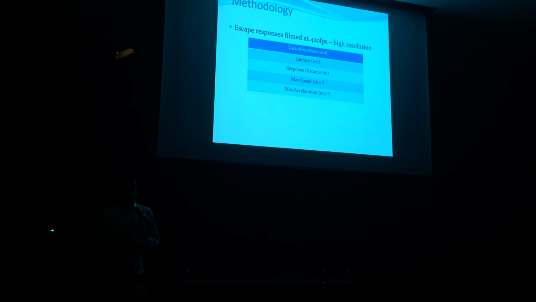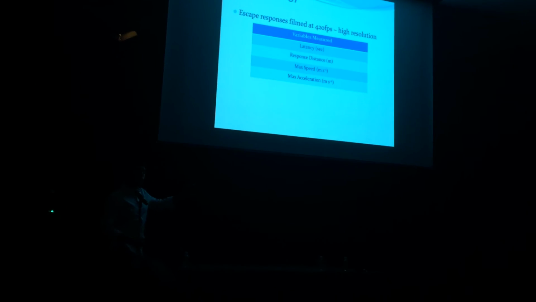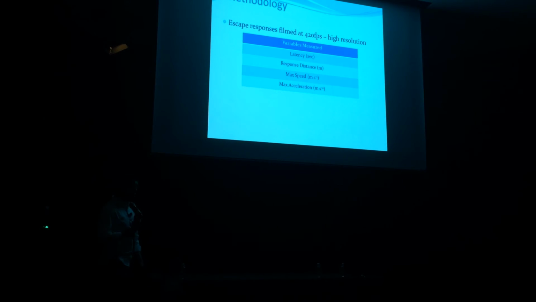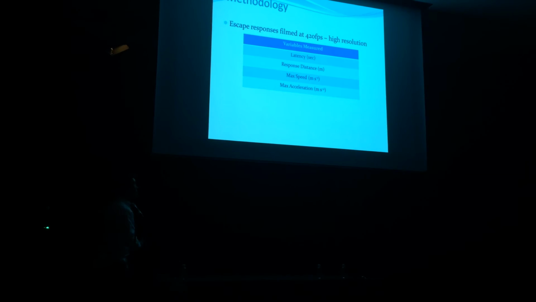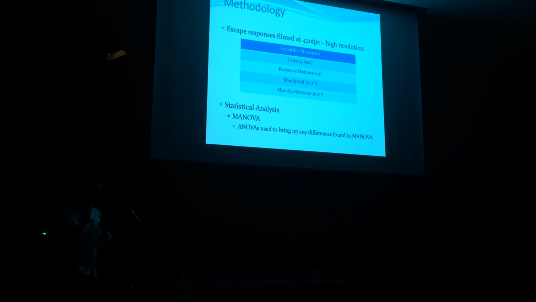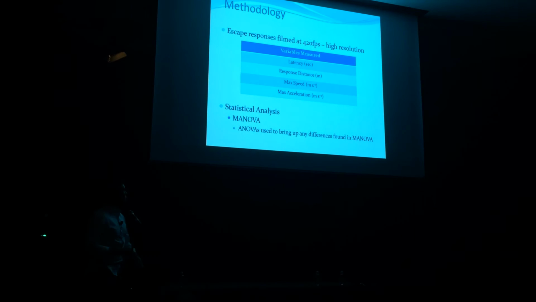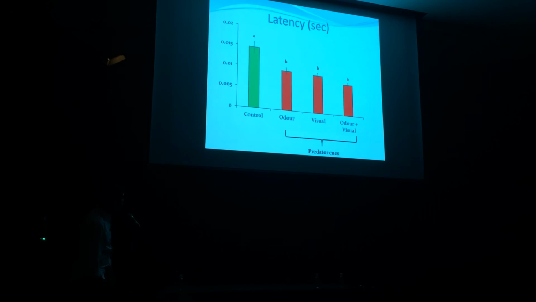The variables I'll be talking to you about today were the latency, so that is how quick that fish reacted to the stimulus, how far they swam away, their maximum speed during the response, and their maximum acceleration. Just a little bit of statistical stuff that I did: I used a MANOVA to start it all off, and then used individual ANOVAs to find out any differences I found.